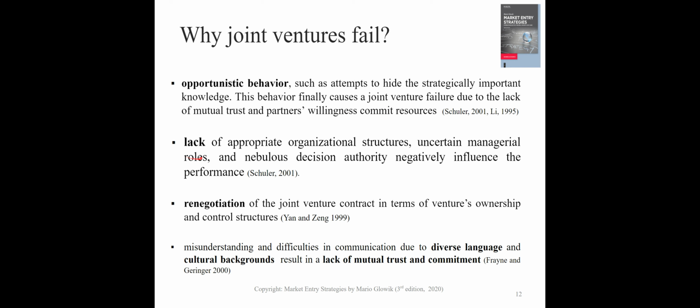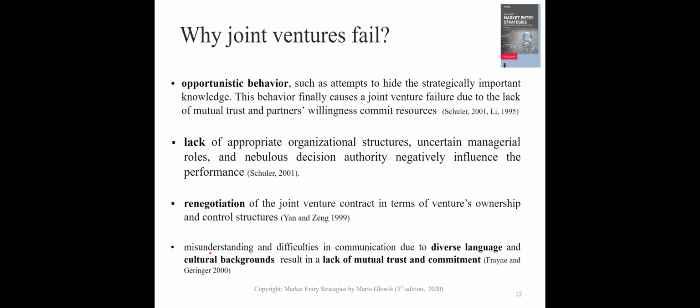And another reason why joint ventures fail is the lack of appropriate organizational structures, uncertain managerial roles and rules, and nebulous decision authority, which negatively influence the performance of the joint venture. It may also happen that one joint venture partner considers to renegotiate the joint venture contract in terms of the ownership and control structures, and this usually also causes some tensions and may result in a joint venture failure.